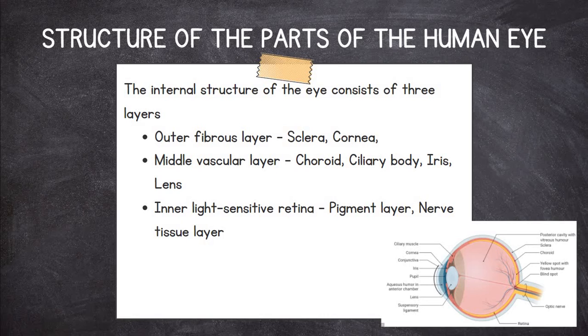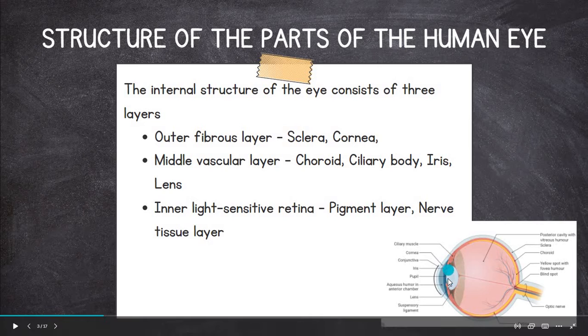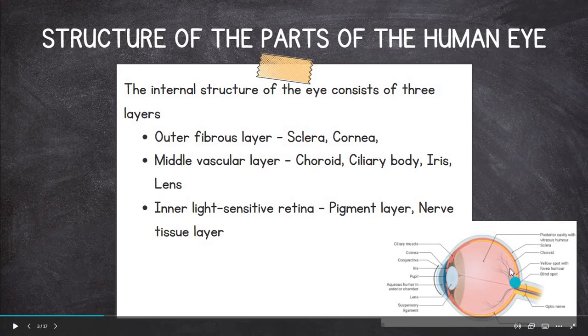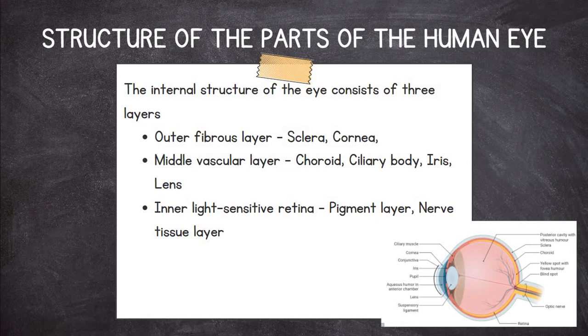So that is everything inside of that, the pink layer, and the iris, which is also indicated in pink here, and the lens, right? And then we have the inner light sensitive retina, which is the pigment layer and the nerve tissue layer it consists of. So that is the yellow layer in this eye. Okay, so those are the three major layers of the eye.